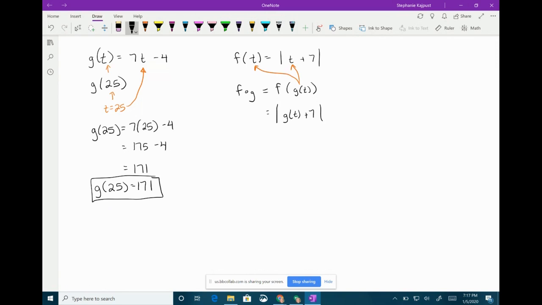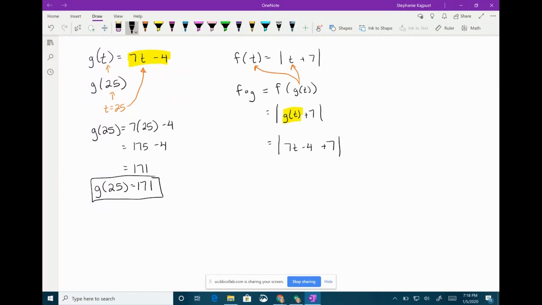Then I need to go and replace g of t with what it's equal to. So g of t is equal to 7t minus 4. So I need to plug that in for g of t. So my absolute value, then I have 7t minus 4, and then I have my plus 7, and I'm closing the absolute value.